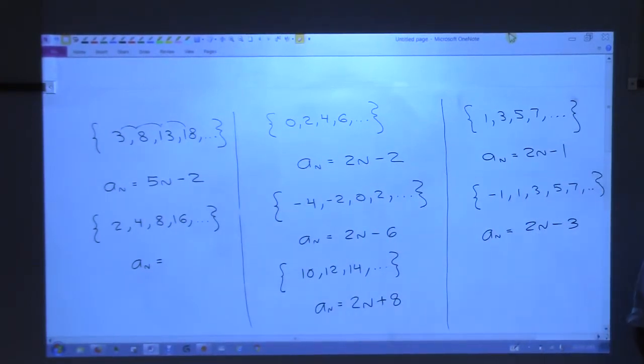You don't have a common jump anymore, do you? It goes up 2, then it goes up 4, then it goes up 8.